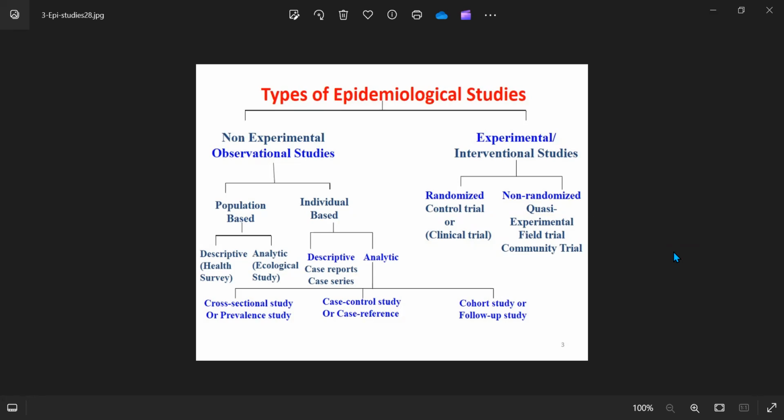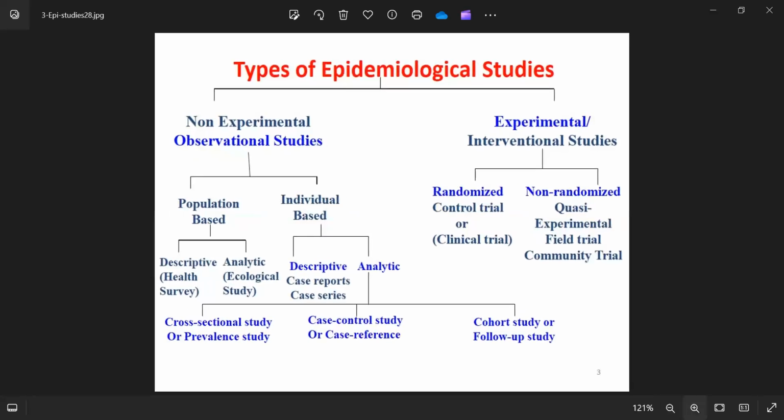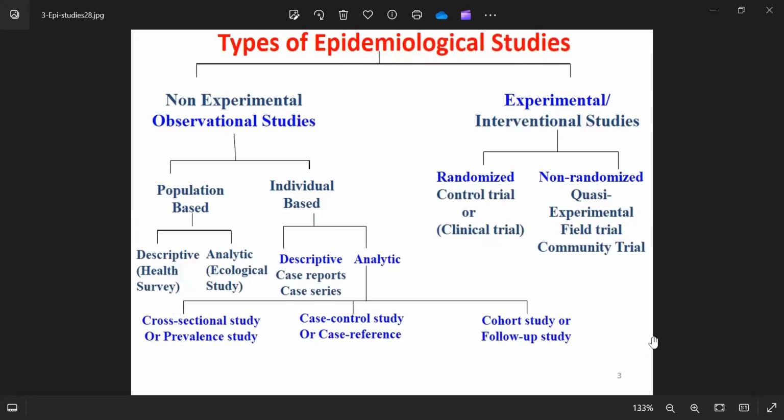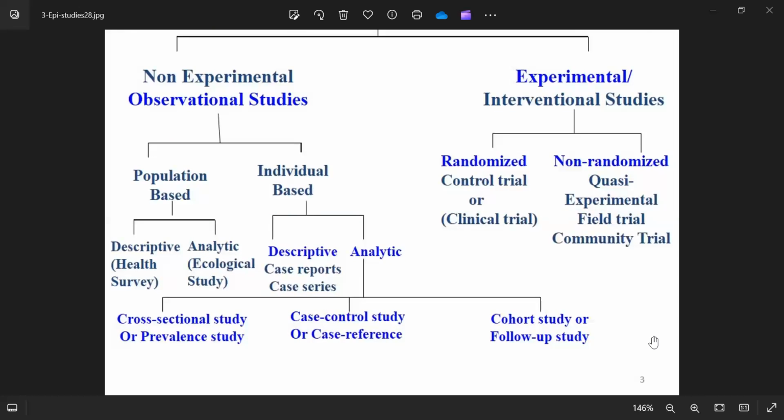That is, the study designs that are relevant in our own area of specialty as community health practitioners and public health practitioners. That is what we are going to be looking at briefly.